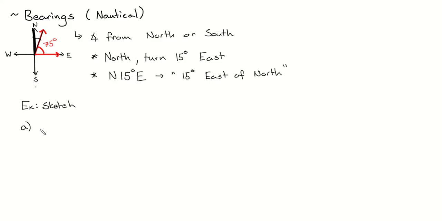So on A, and really roughly sketch, I'm fine with it, I want you to do south 30 degrees W. And then on B, I'm going to give you one more: north 80 degrees west. Cool. I want you to really roughly sketch out these angles with the assumption that north is up on the coordinate plane.